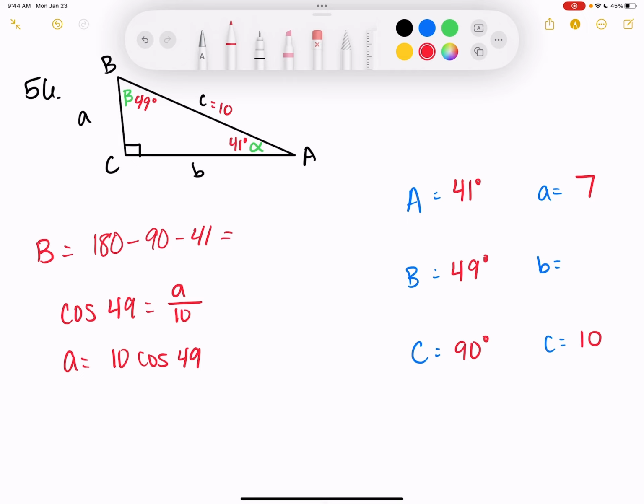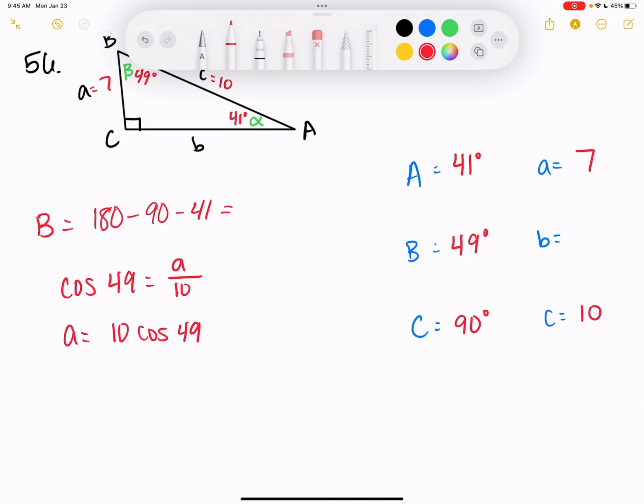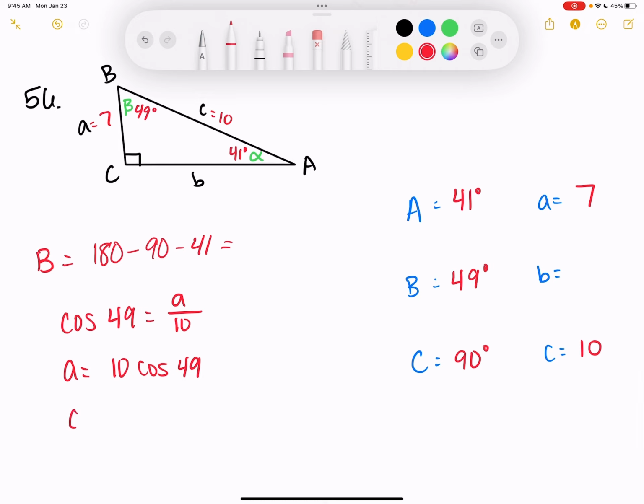There's a couple things you could tell me to do here to find side B. I think the best thing to do would probably be cosine of angle A. Yep, that's an option. It'd be better to use the given values if possible.